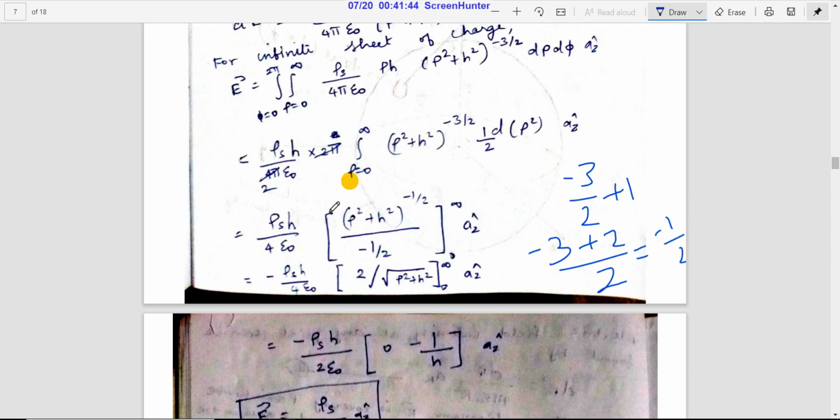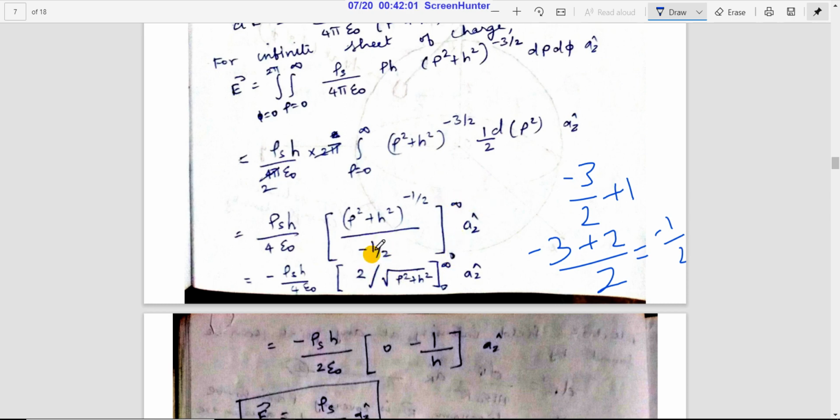Okay. If that is the case, then we will have (rho square plus h square) power minus 1 by 2 divided by minus 1 by 2. Integration limits are 0 to infinity.